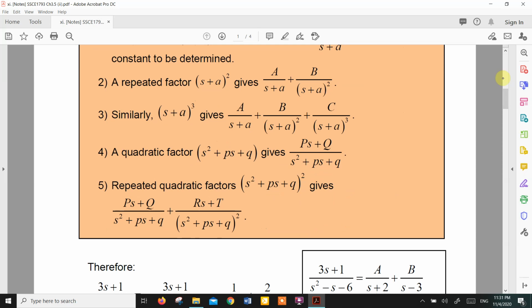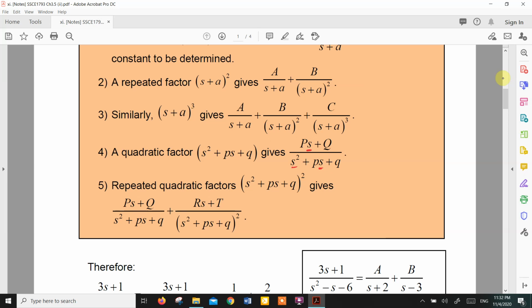If you have a quadratic factor s square plus ps plus q, then for the numerator you will have s, so As plus B over s square plus ps plus q.